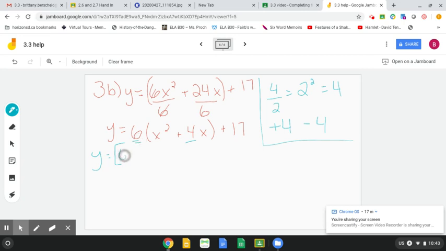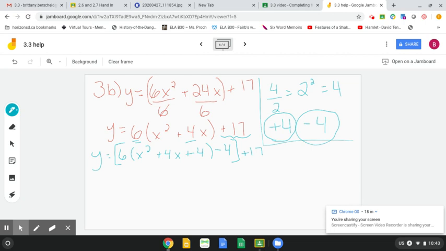So 6 times x squared plus 4x. What do we do first? Add the 4. Then close your bracket. Then what do we have to do? Then we subtract the 4. Good. And what can't I forget on the end here? This positive 17. Okay, don't forget about that.